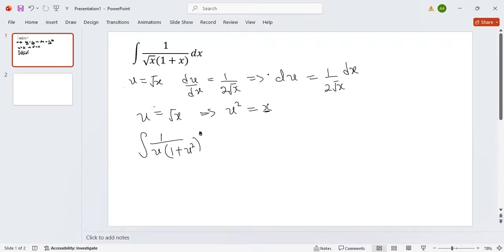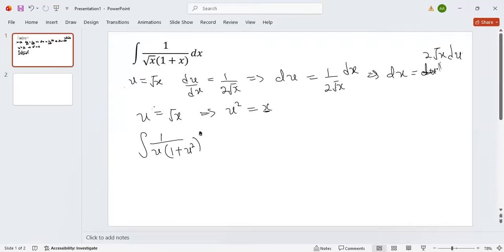Now, what do we think dx is going to be? To get the value of dx, from here dx can be equal to, by cross multiplying, 2 root x du.